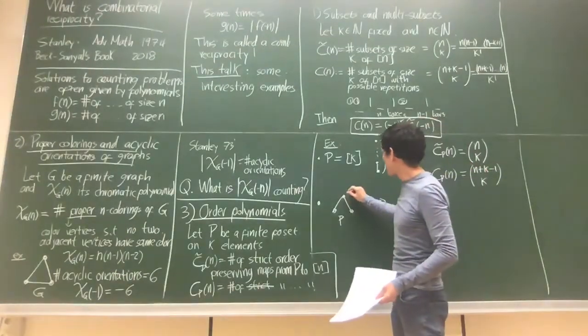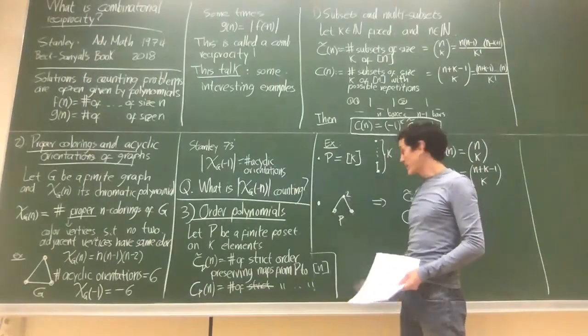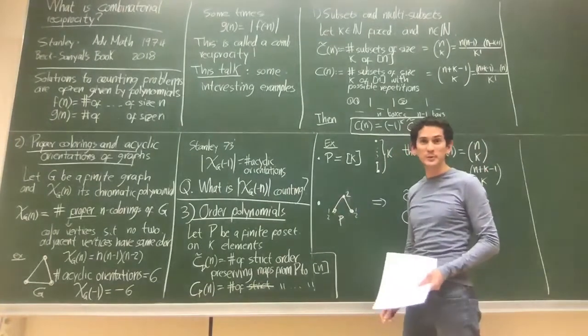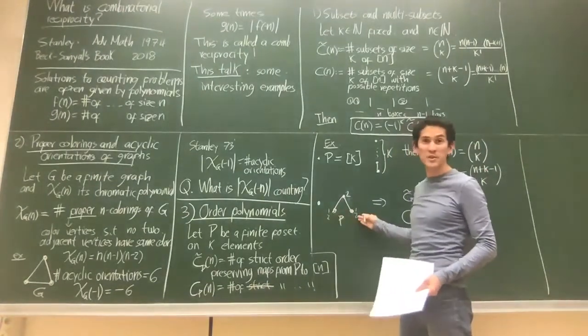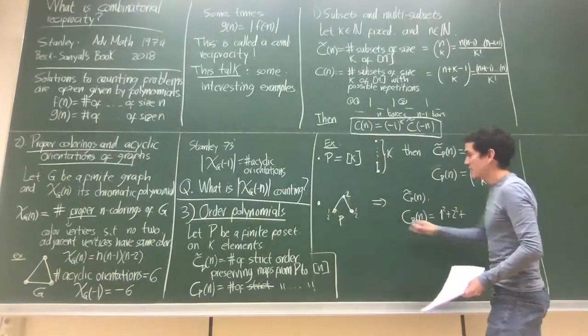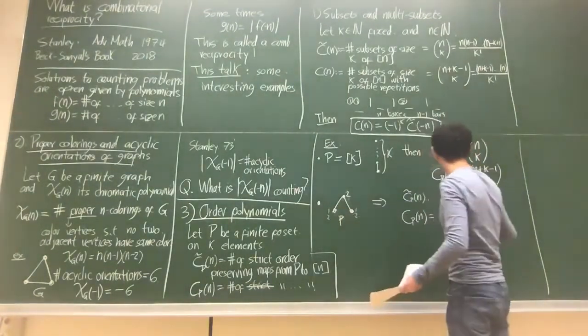So there is one possibility in that case. If this one here is 2, then this one here can be either 1 or 2, and this one here can be either 1 or 2. So I have 2 times 2 possibilities. This one is 3, I have 3 times 3 possibilities.